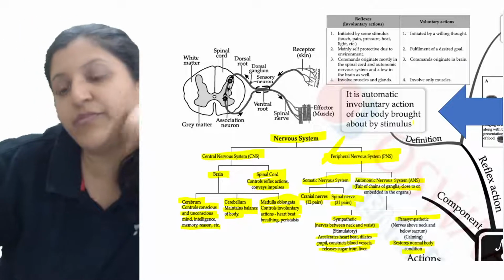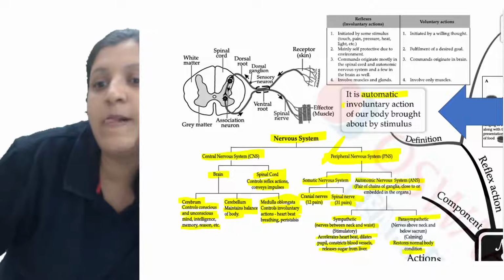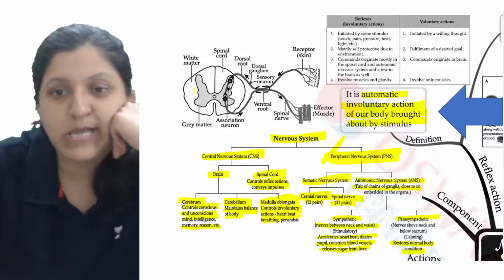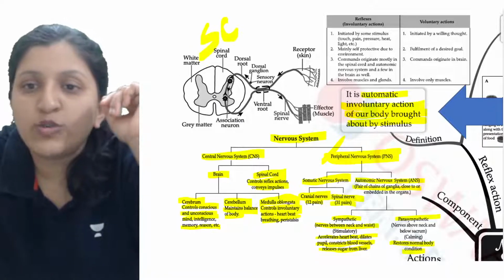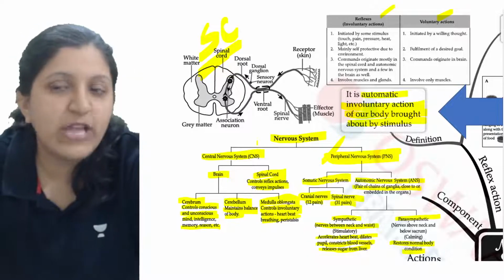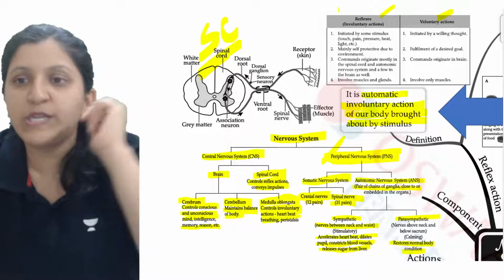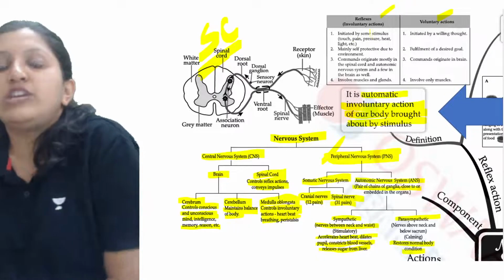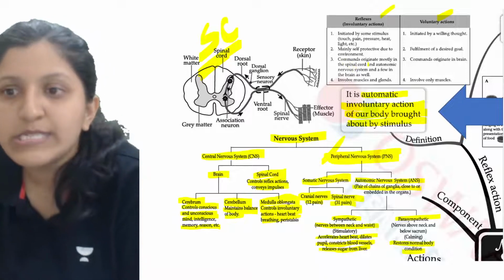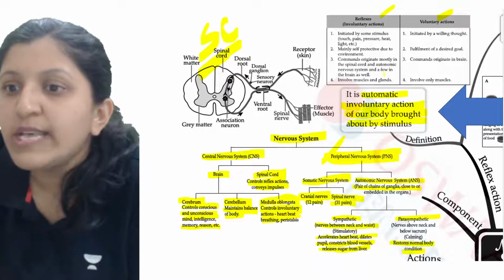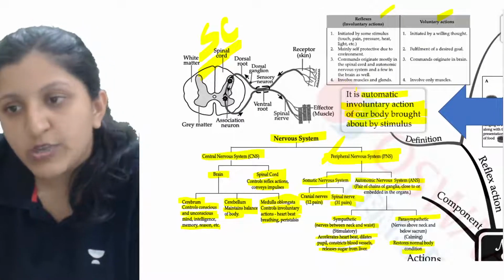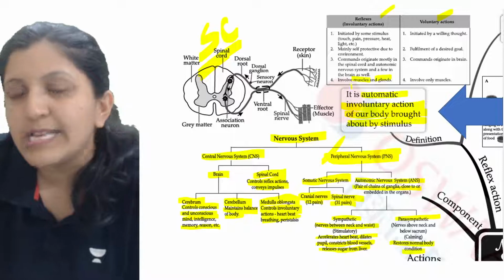Now with respect to reflex action, this is an automatic involuntary action of our body brought about by a stimulus, which will be under the control of the spinal cord. The differences are mentioned with respect to voluntary and involuntary. Involuntary action is initiated by a stimulus, mainly self-protective due to the environment. Its commands originate mostly in the spinal cord and autonomic nervous system, and it involves muscles as well as glands.